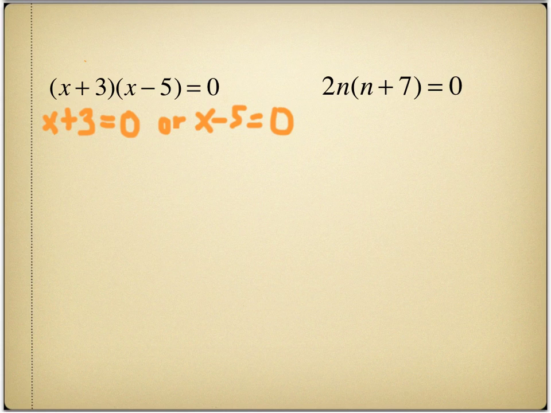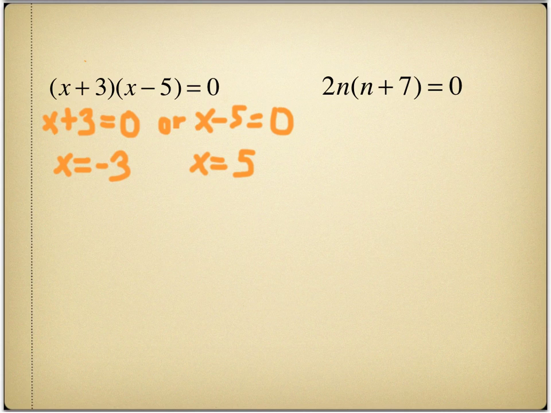We can obviously tell here then that either x is going to be negative 3 or x is going to be 5. So this is a real basic aspect of the problem here. We'll always be trying to get our equations in this form where we have something times something equals 0. And then we just set each part equal to 0 like this and solve.